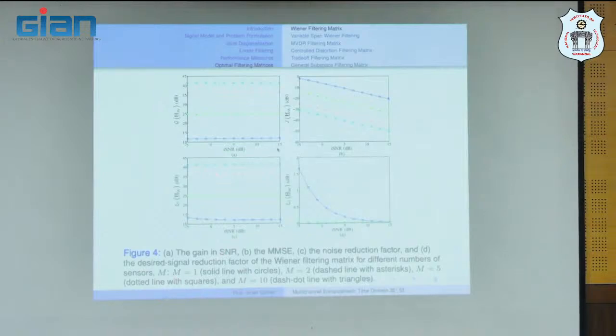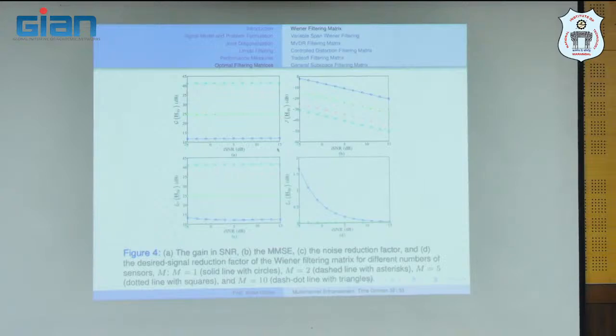The blue is 1 sensor. This is 2 sensors, 5 sensors, and 10 sensors. Okay, so you see, the more sensors that we use, we're able to reduce more noise.